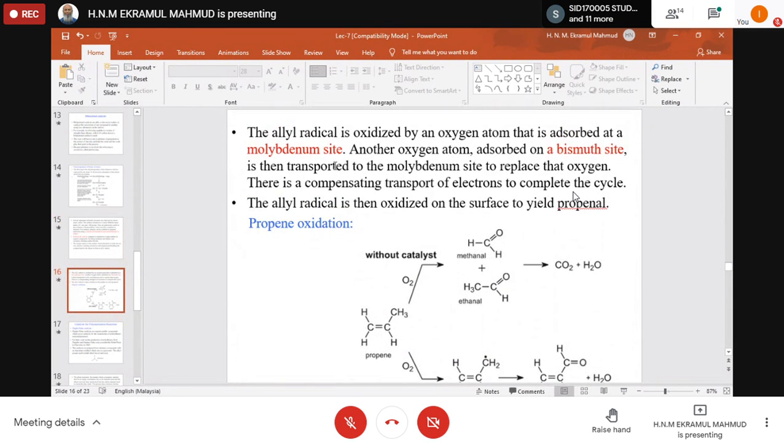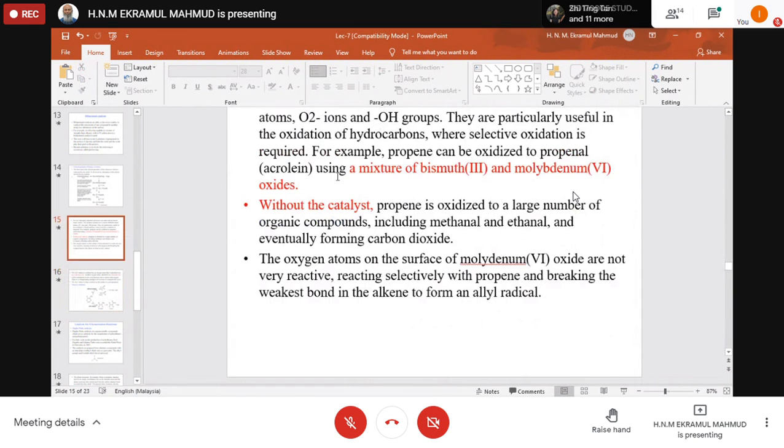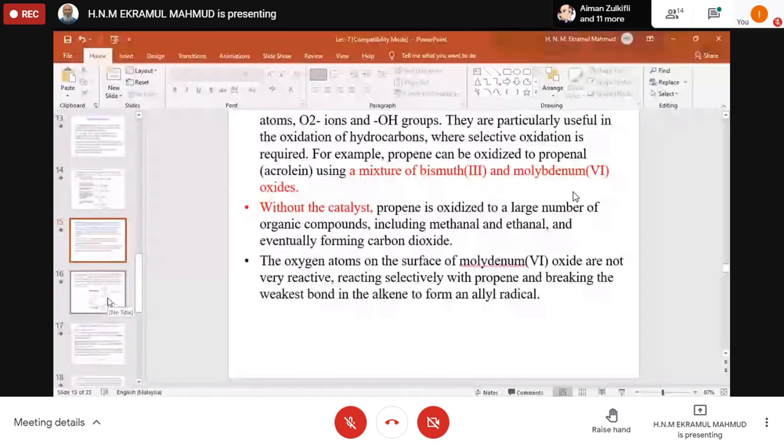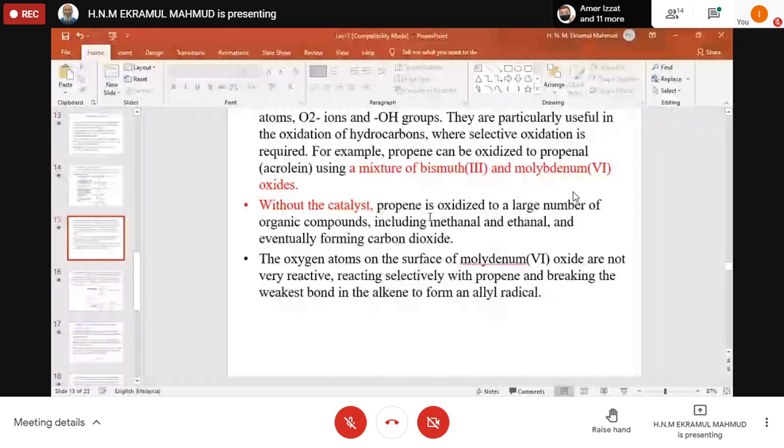For this reaction, a mixture of bismuth oxide and molybdenum oxide together can be used. But for other cases, molybdenum, as we just discussed, is not a catalyst of choice alone. Perhaps these mixed oxides can overcome that previous problem.